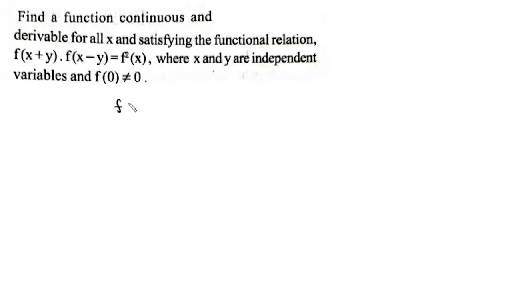Now here the question is, find a function continuous and differentiable for all x and satisfying this functional relation f(x plus y) into f(x minus y) is equal to f square x, and it is given that f(0) is unequal to 0.